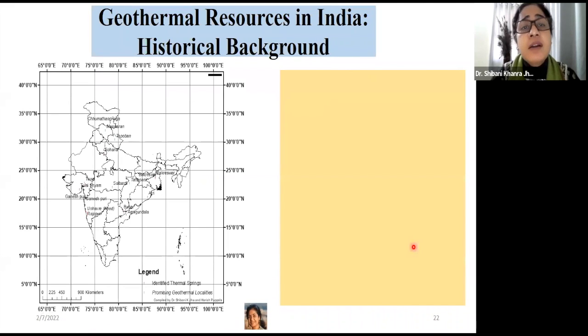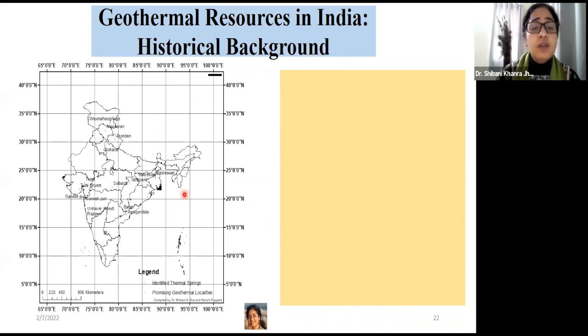So let's look at the historical background of geothermal resources, where you can see in this particular map a lot of promising geothermal provinces shown by name, like Chumatang, Manikaran, Tapovan, Sohana, Puga, and so on.